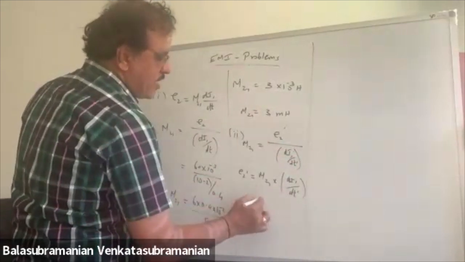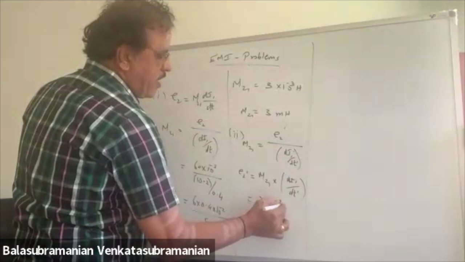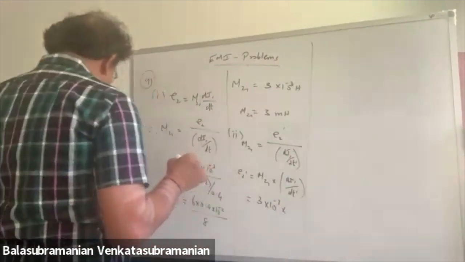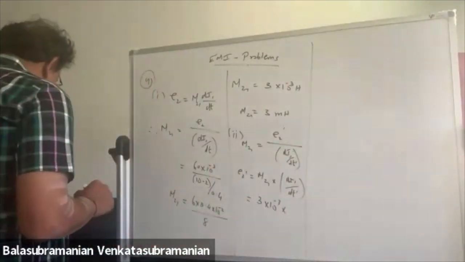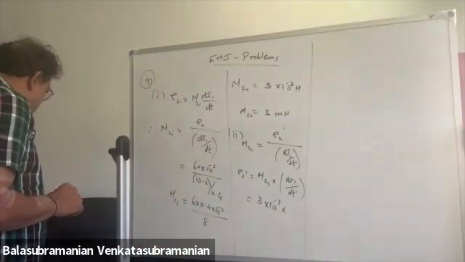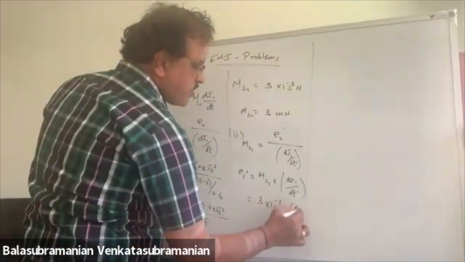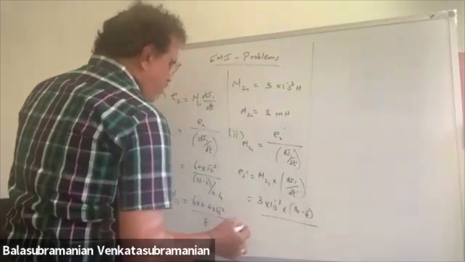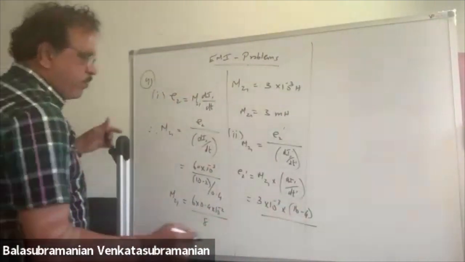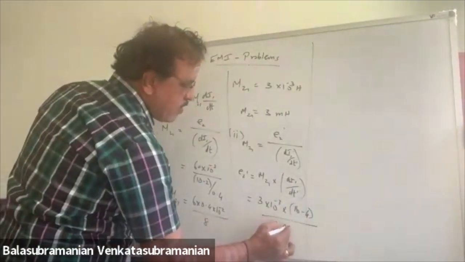We have calculated 3 millihenry. Di by dt: current changes from 4 ampere to 16 ampere, that means 16 minus 4. What is the time given? In 0.03 second.